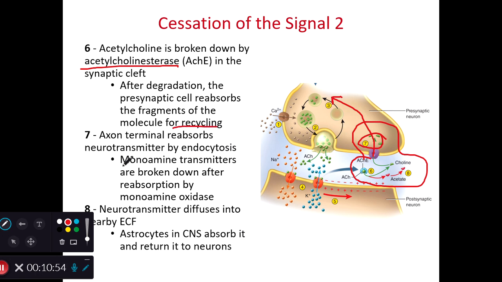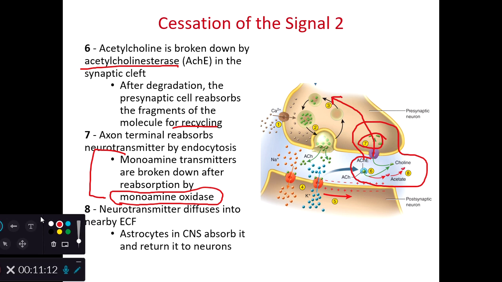We're also going to find that the axon terminal can reabsorb the neurotransmitter by endocytosis. Monoamine transmitters can be broken down after reabsorption by monoamine oxidase. We'll talk about monoamine oxidase in more detail when we get to some of the pharmacology.